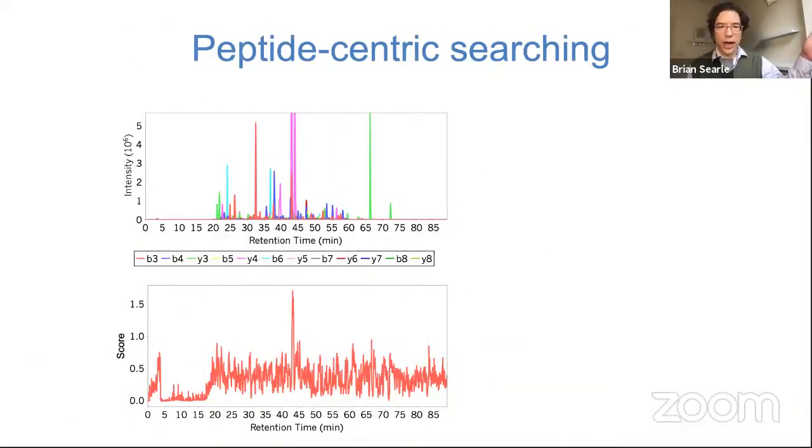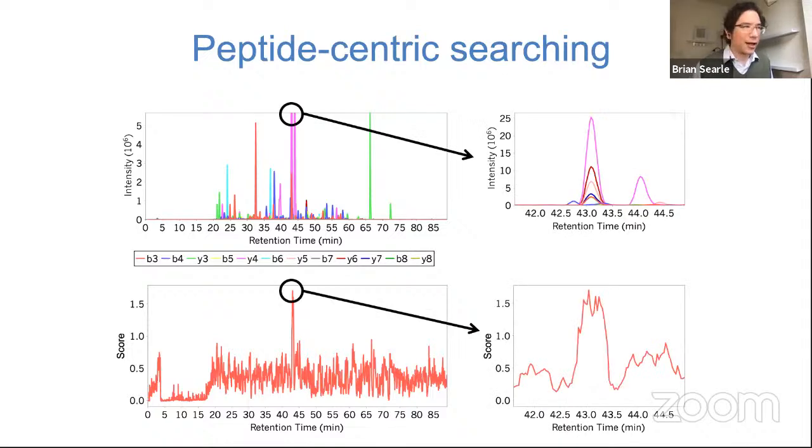We extract all of the fragment ions out over time. So this is, again, all those different peaks. At each time point, we score the library spectrum versus the MSMS spectrum that we've acquired, or the fragment ions that we expect to see for that specific peptide. We expect that score to be around a baseline, and then at a certain point spike up. And we hope that where it spikes up is an indicator of the particular peptide.